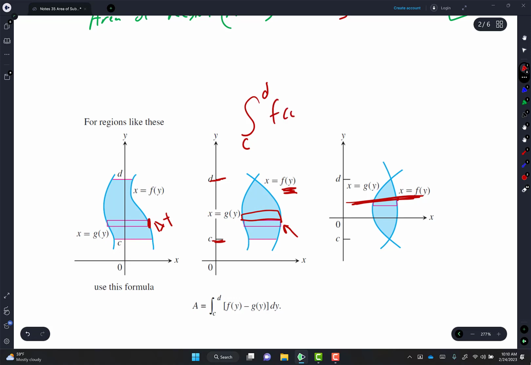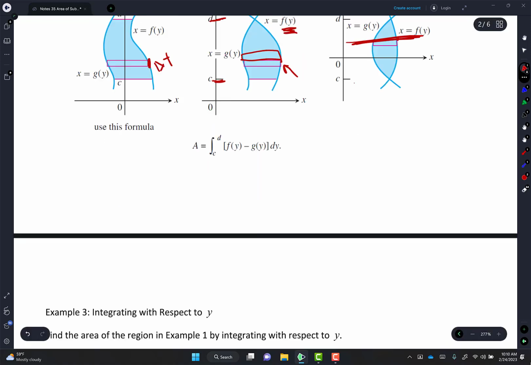So f of y minus g of y. It's the same concept. How do we feel? And it doesn't matter if we're above the x-axis or below. This is what they're trying to show here. See here, the bottom limit is still C, the top limit is still D. Cool or not cool?